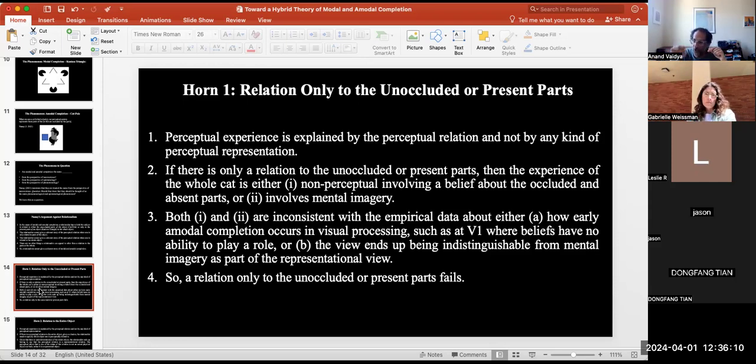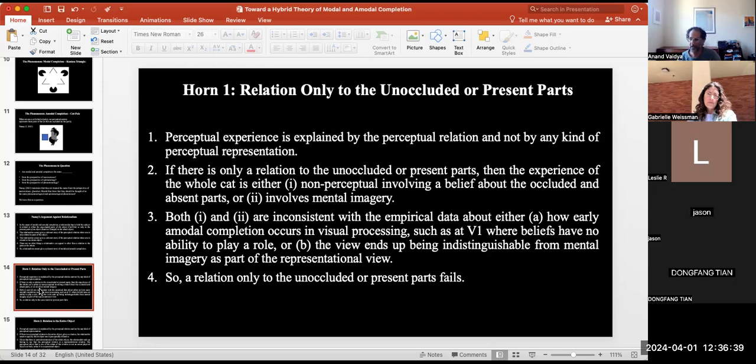It penetrates through to the earliest stage and converts the retinal image from being just an array about the present parts of the back side of the cat and the front side of the cat and the pole into a representation, a phenomenology of there being a unified single cat. Or there is this relation plus some mental imagery in your mind, and the mental imagery is filling in the details.